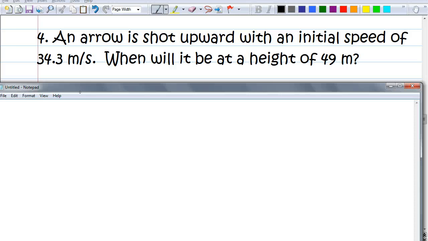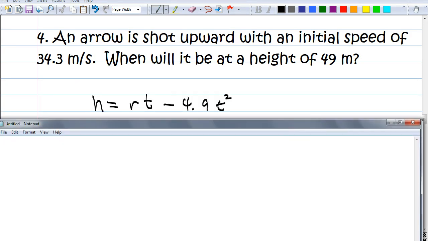34.3. Now, how do we know that that's the rate? It says initial speed, 34.3 meters per second. Not only that, look at the unit. It's meters per second. When you have rate, it's going to be some distance over time, so that kind of gives it away. Of course, we know that 49 is the height because it says meters. That's the distance. So we're going to use that formula we just talked about. Go ahead and plug it in.